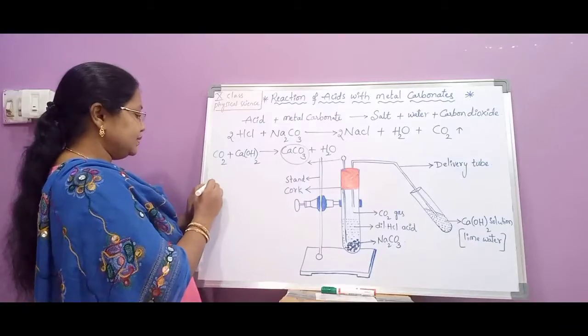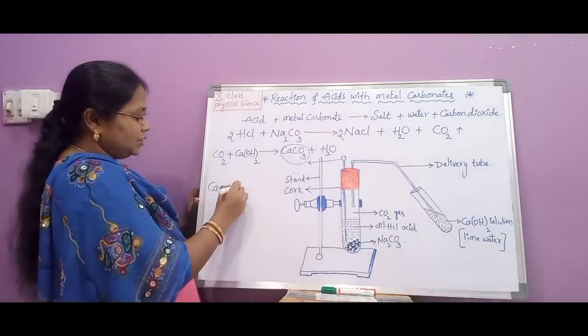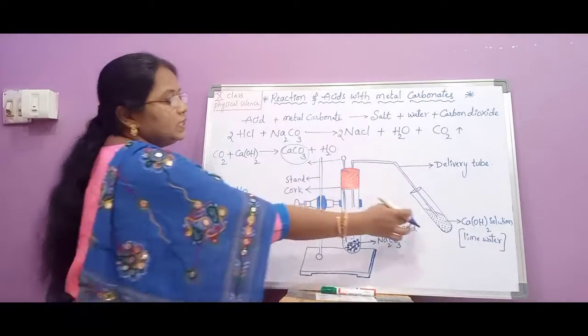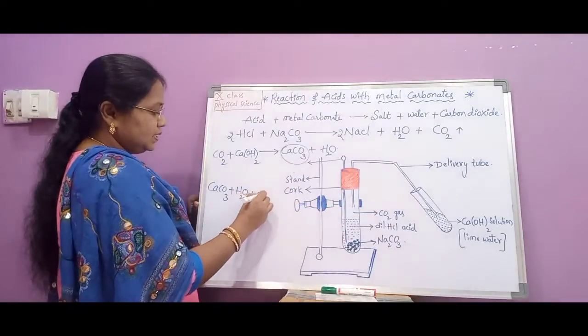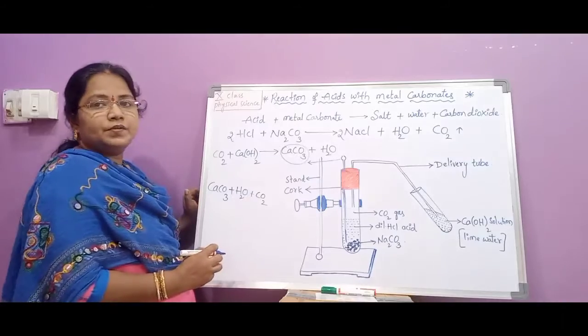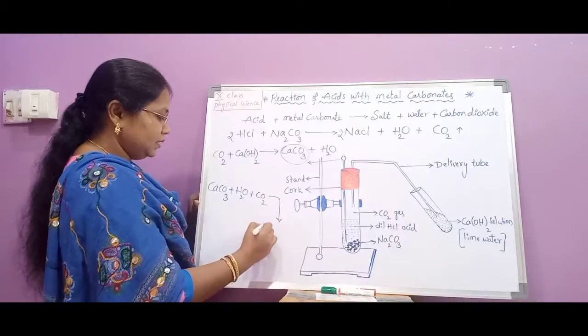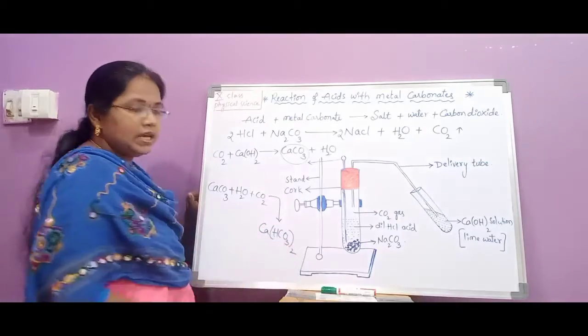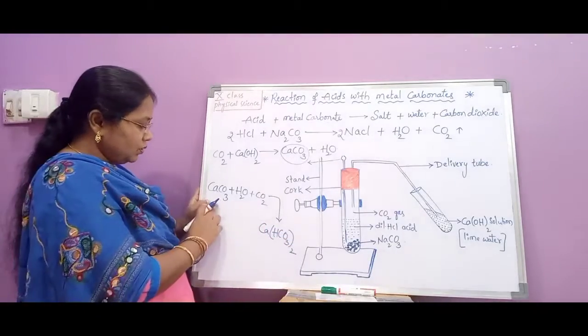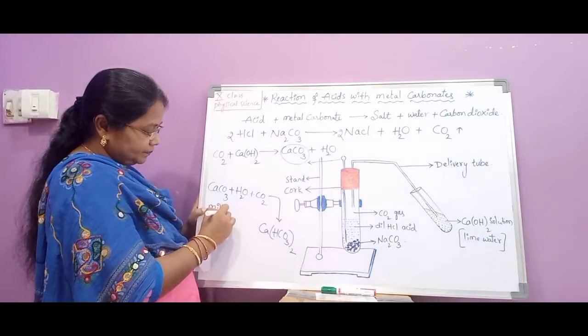We can write the reaction like this: CaCO3 plus H2O are present in this test tube, and we are passing excess carbon dioxide, CO2, into it. On passing excess carbon dioxide, we get calcium bicarbonate, that is Ca(HCO3)2. CaCO3 is the milky white precipitate.